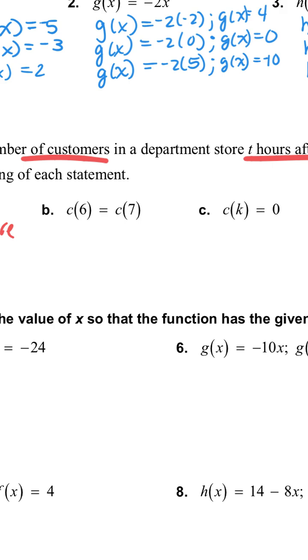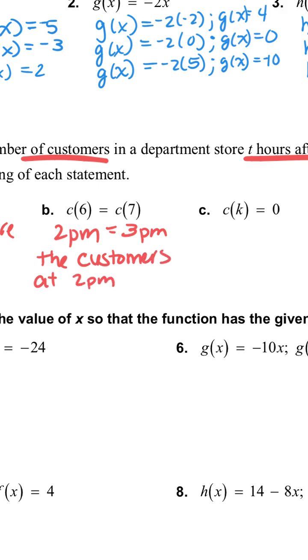So all we're doing is adding 6 hours to 8 a.m. So what is 6 hours after 8 a.m.? Correct, 2 p.m. And 7 hours after 8 a.m. gives me 3 p.m. So we're able to say that the number of customers at 2 p.m. was the same as at 3 p.m.